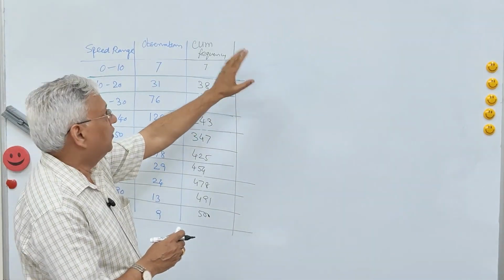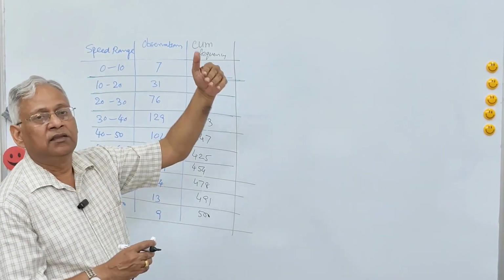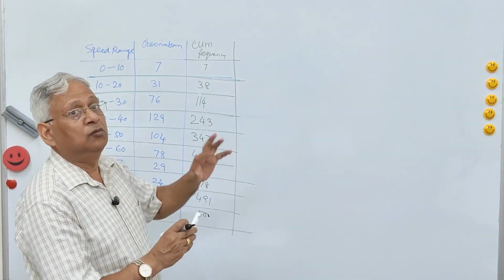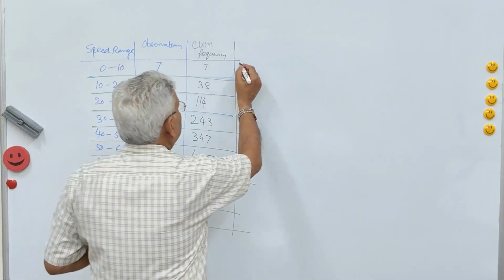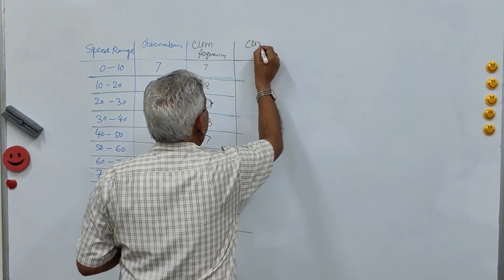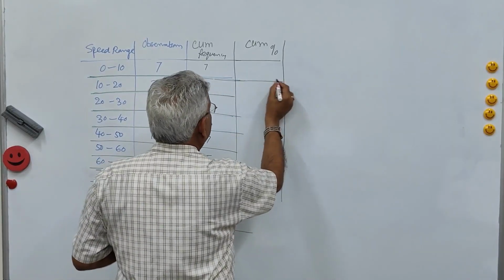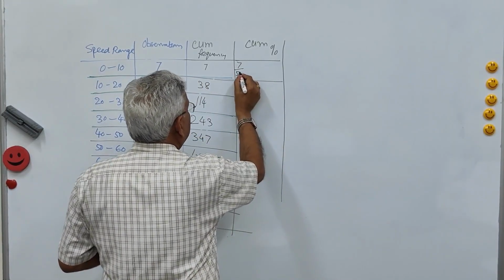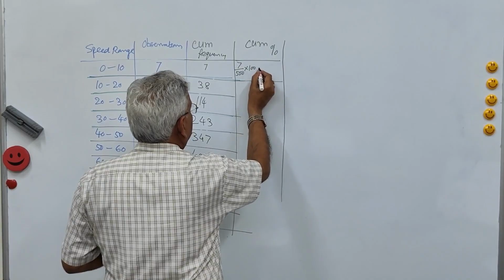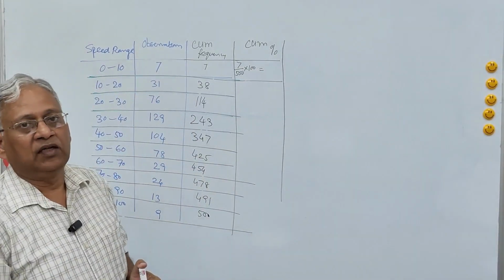Next column, you find out the percent cumulative or cumulative in percent. So this is 7 by 500 multiplied by 100. This is 1.4.